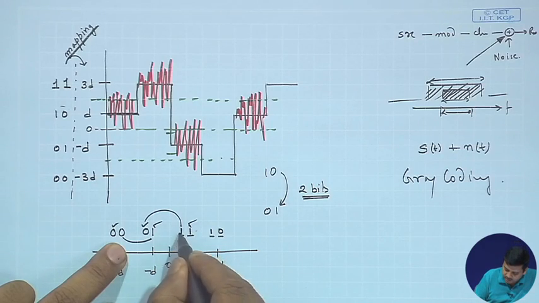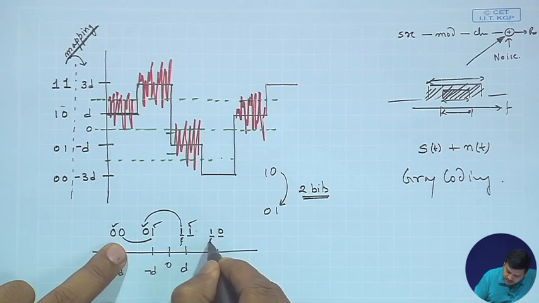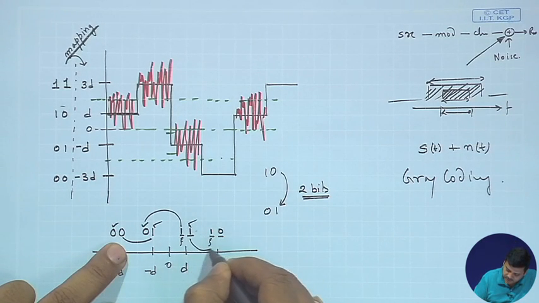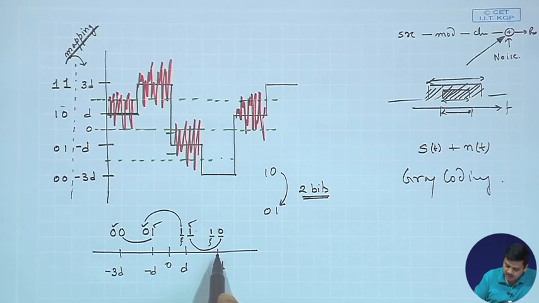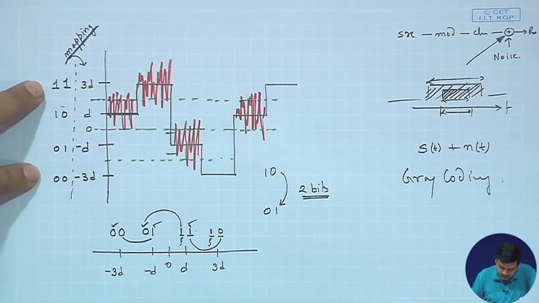And similarly, between this and this, we see that this and this are common, only there is a difference between these two, and 3D and minus 3D are not neighbors, we do not need to worry. 3D and minus D are not neighbors, we do not need to worry. This and this are not immediate neighbors, we do not need to worry. So, let us remap these things.